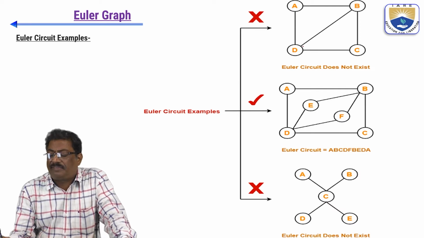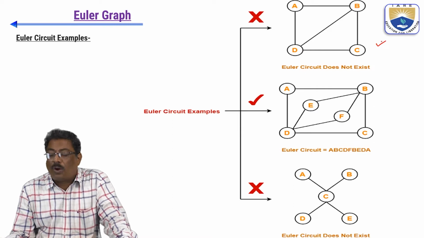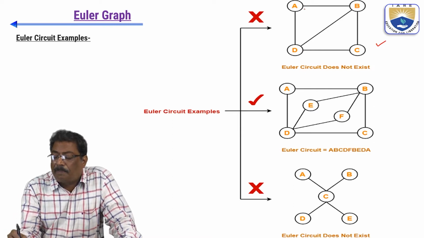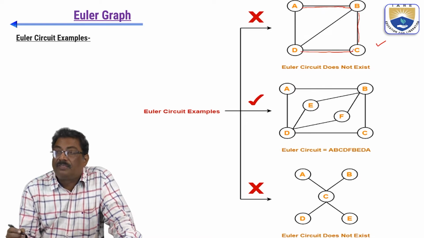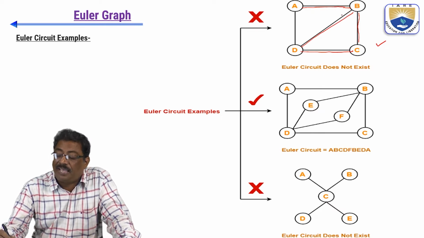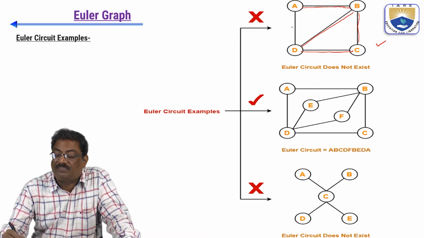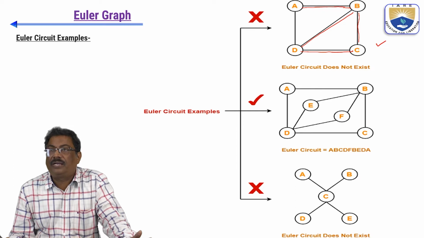In this graph, a Euler circuit does not exist. Why? Let us consider a closed walk. Let us say I consider A to B and B to C, then C to D, and then I move next. Either I can move to B, but then the same edge will be traversed again to cover this edge, so we are not going to get any closed walk.